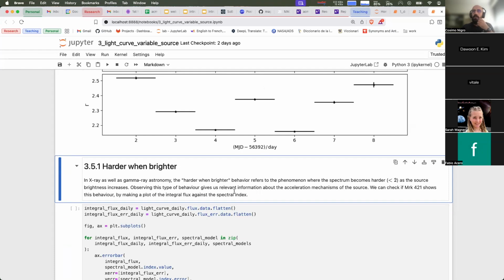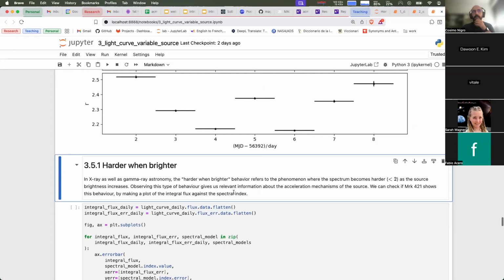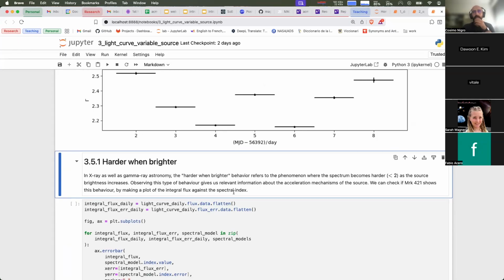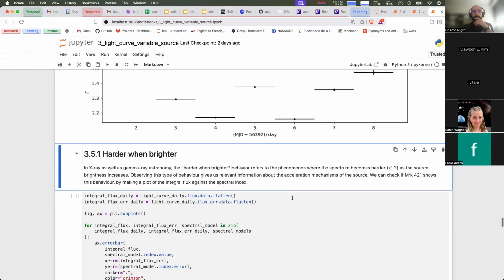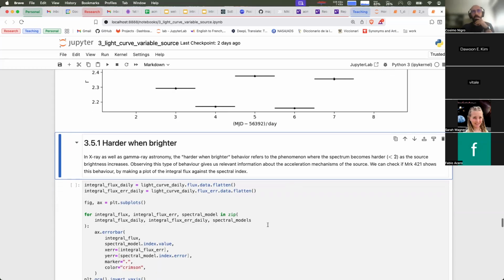It's a behavior that certain sources show, especially blazars like Markarian 421. And what you typically see is that when the spectrum becomes harder, so when your spectrum becomes more flat, the index goes closer to 2, basically the brightness of the source increases, okay?